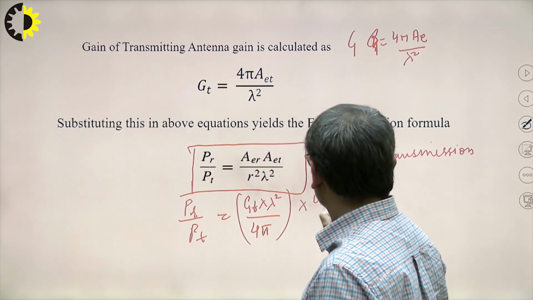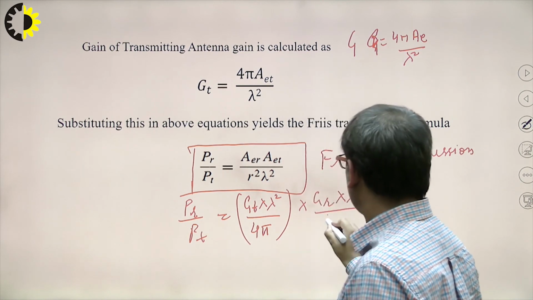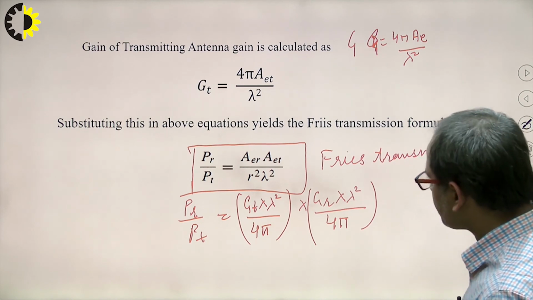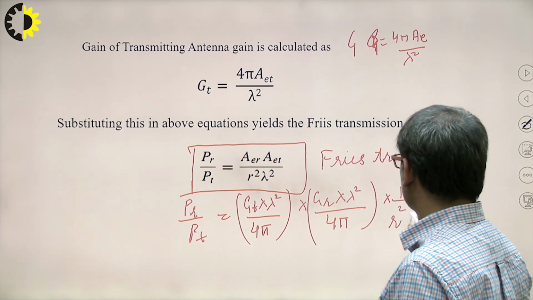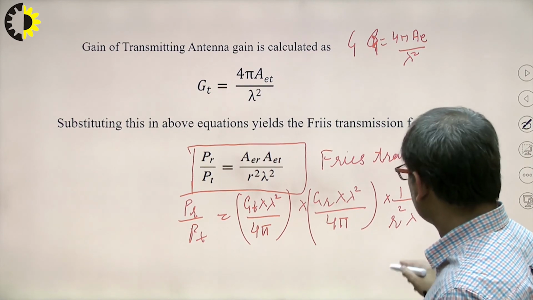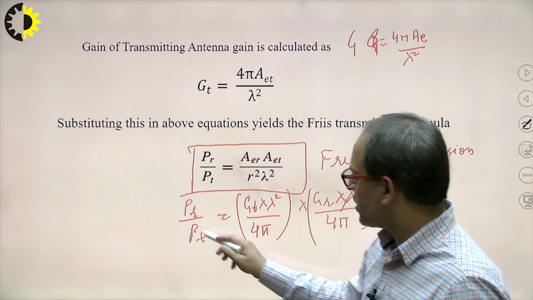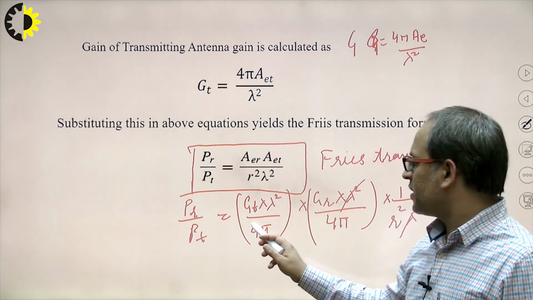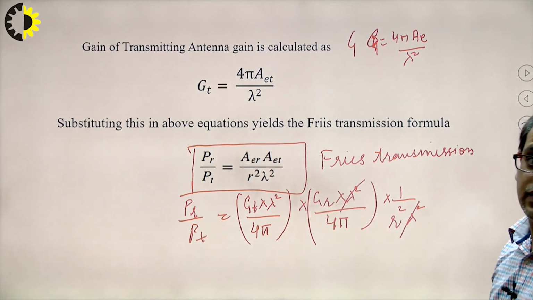Multiplied by GR into lambda square divided by 4 pi. Clear? Multiplied by 1 by R square lambda square. So you will see here one lambda square will be cancelled, then there will be a relationship between the received power, transmitted power, the gain of the transmitter and the gain of the receiving antenna.